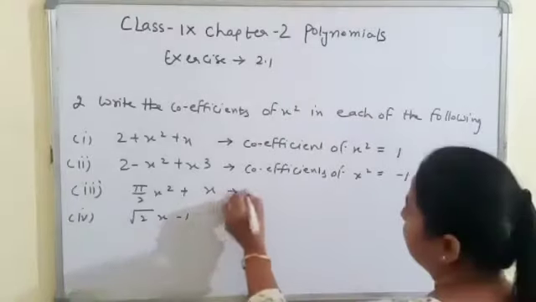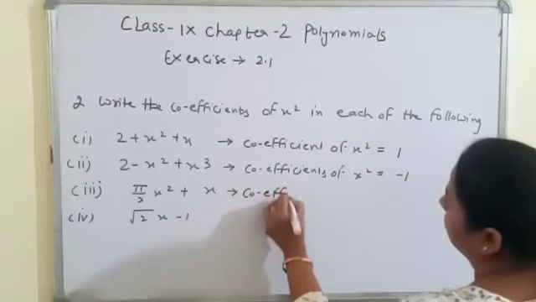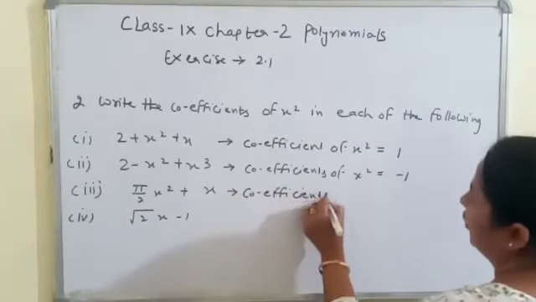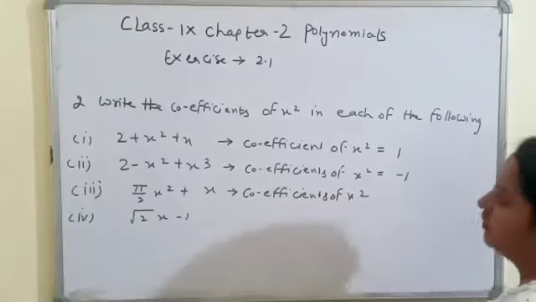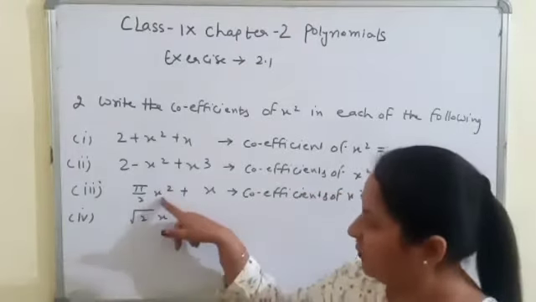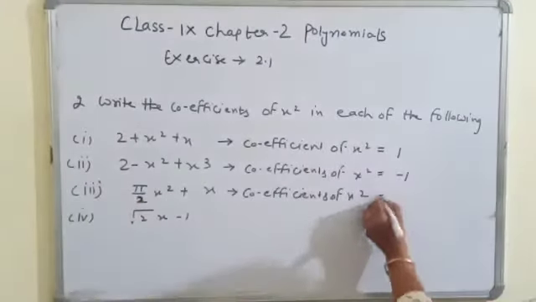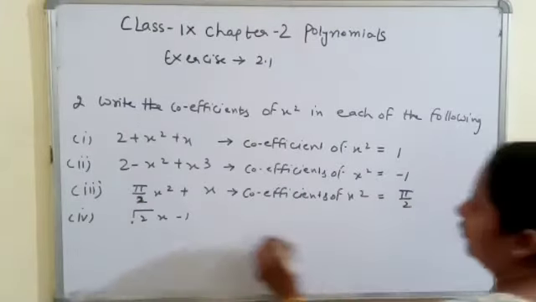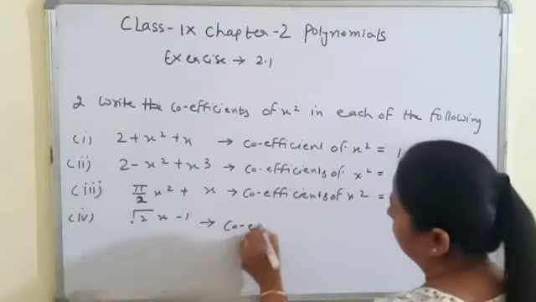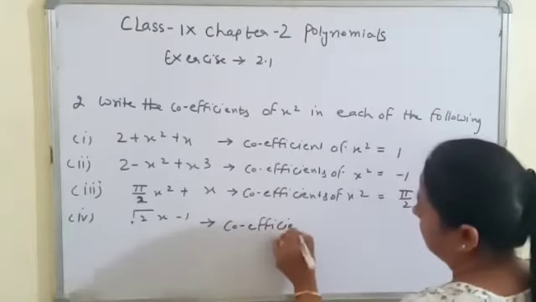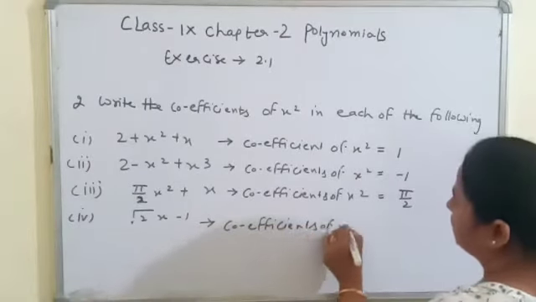Now in the third one, what is the coefficient of x square? The multiple of x square is pi by 2. So the coefficient is pi by 2. For the fourth one, what's the coefficient of x square?